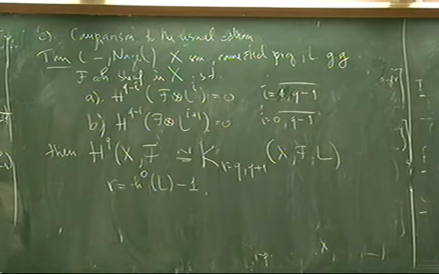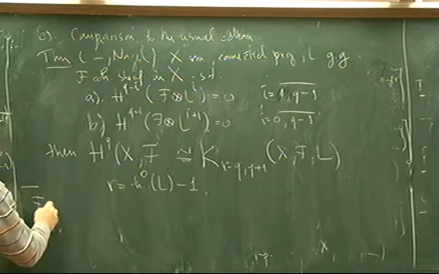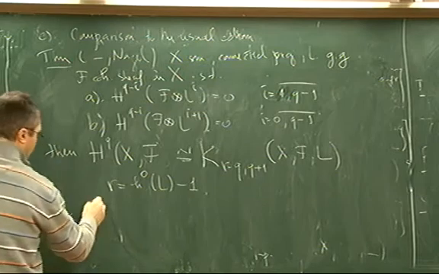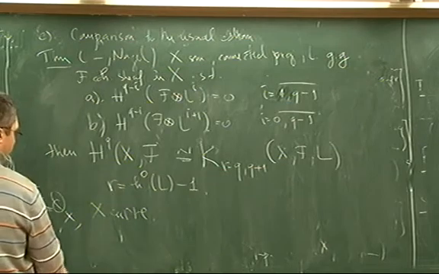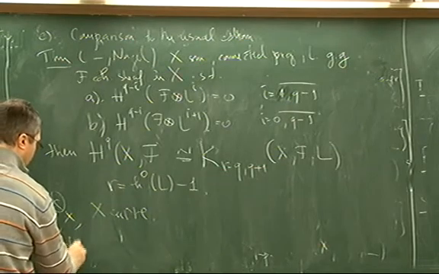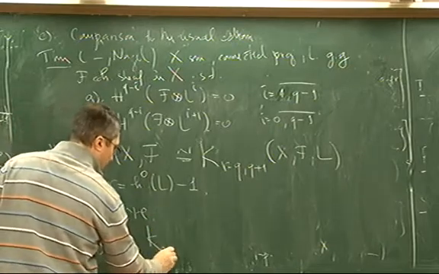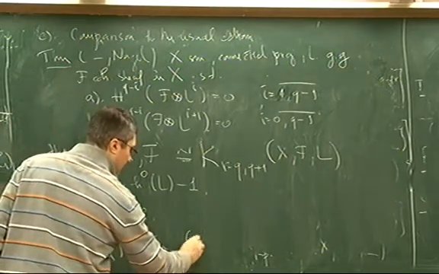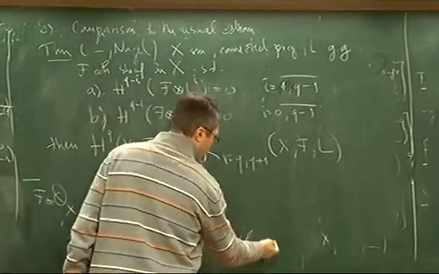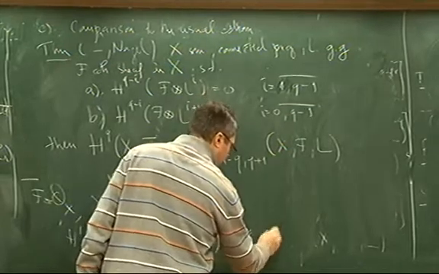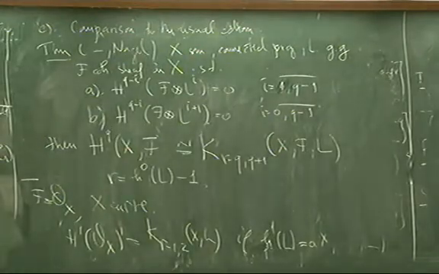For example, if F is O_X and X is a curve, then H^1(O_X) is isomorphic to K_{r-1,1}(X, L), and these conditions just reduce to the condition that L is non-special.